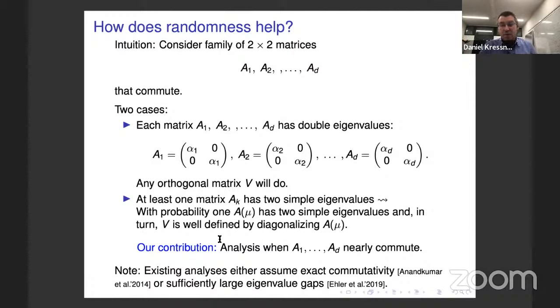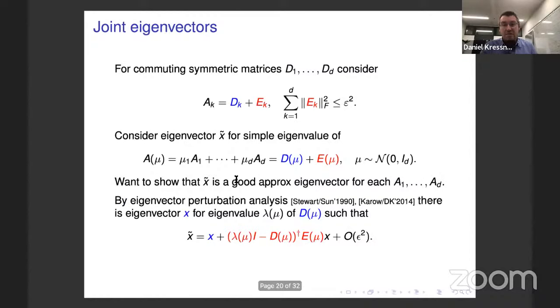So there has been work and analysis on this, but you also see from this exact commutativity case that it doesn't look like eigenvalue gaps are really necessary, because if you have double eigenvalues, that's actually a great situation for joint diagonalization. So there are some indications that this may not be necessary, and this is what we worked on.